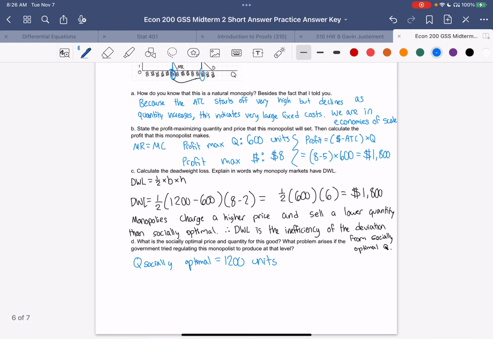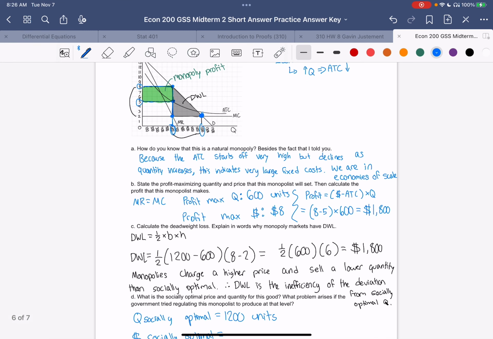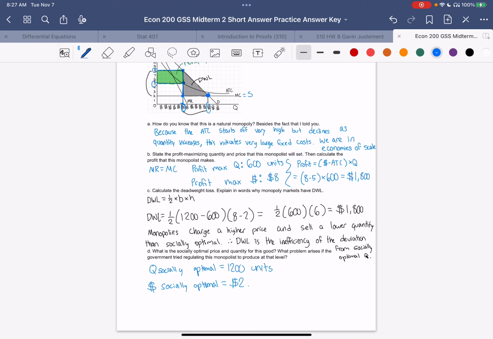And then the price is equal to, so now you just go here, and it's equal to $2. Okay, so that is the socially optimal, because remember, socially optimal is where demand intersects supply, and marginal cost for all intents and purposes right now is equal to the supply for the firm.